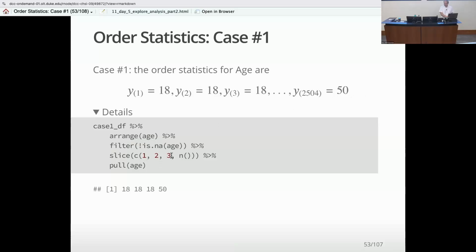We're using slice to pull out the first, second, third, and last entry, and then using pull to take that column and make it into a vector. Any questions?